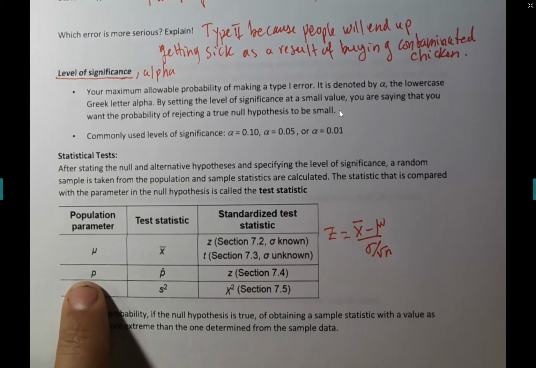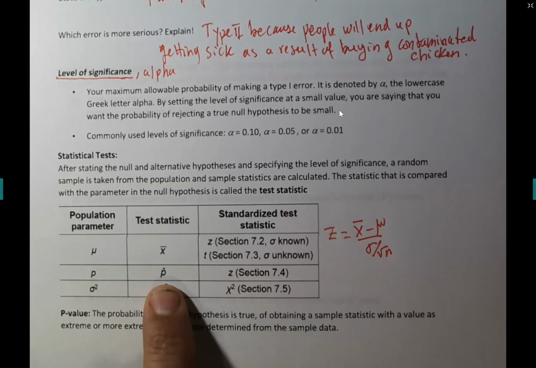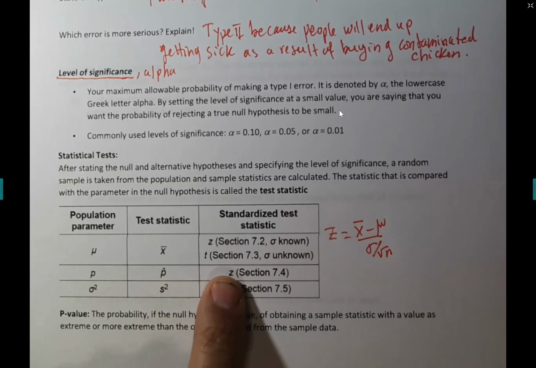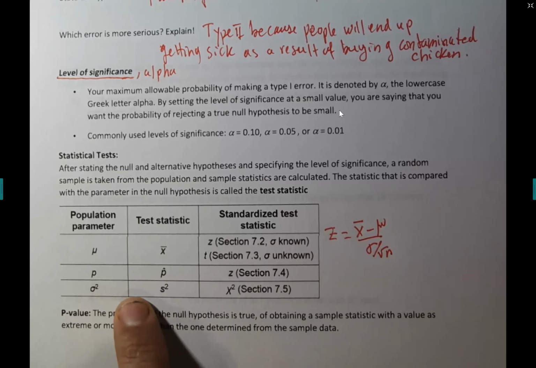If you are doing a test about the proportion, you're going to be given the sample proportion, the percent, from a sample, and you're going to be converting that to a Z-score as well, which is a test statistic. Now, this one, I said, guys, I'm going to make this section optional.